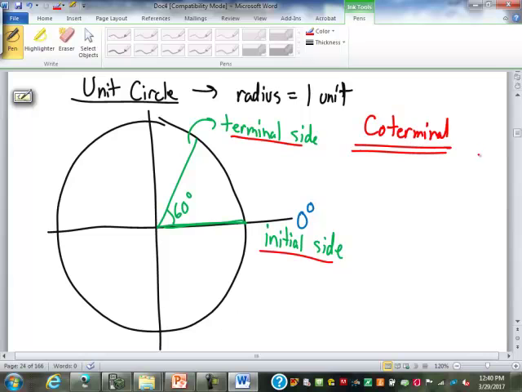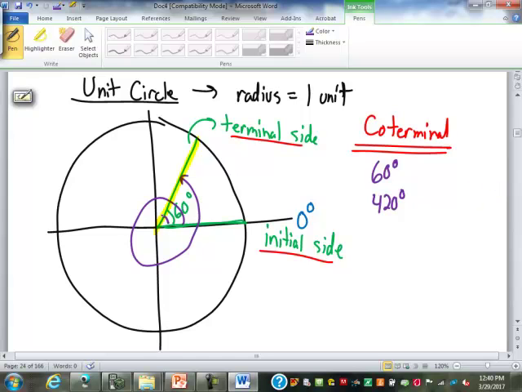We're talking about something called coterminal. Because this is on a circle, we're not limited to just going from 0 degrees and wrapping around to 360. We can actually keep going. So if we look at this terminal side here, unless we're given more information, we don't know if that's really 60 degrees or a complete turn plus another 60 degrees, 420 degrees, right? 360 plus 60.